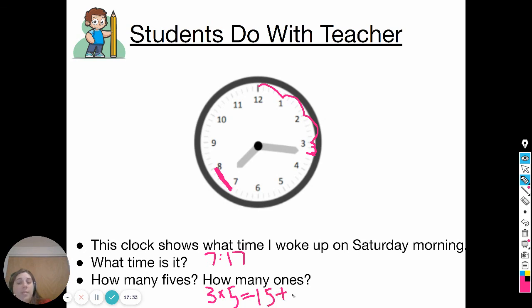And then how many times did we count by 1s? Go ahead and hold that up with your fingers. 2 times, because we're at 15, and then 16, 17. And that makes sense because 15 plus 2 equals 17, which was our number of minutes.